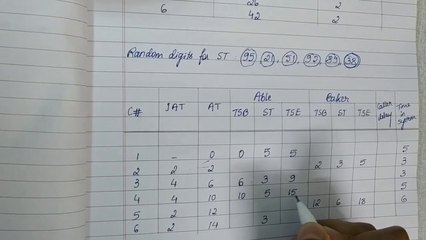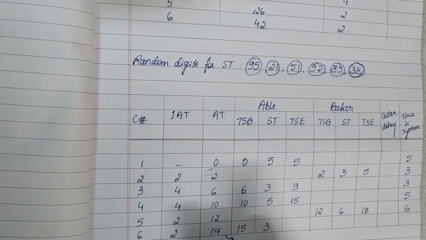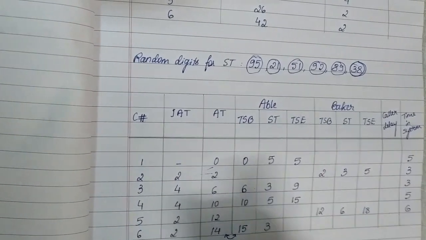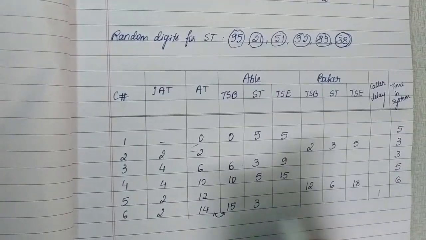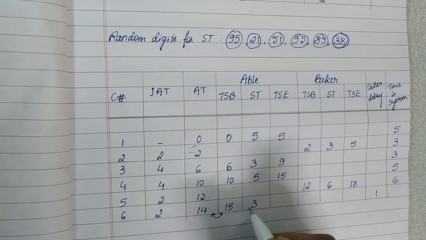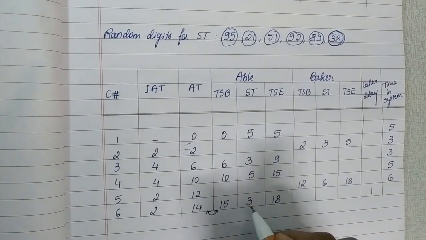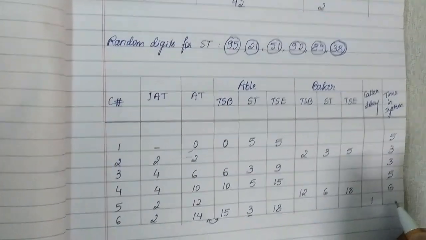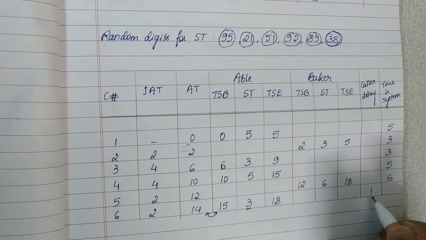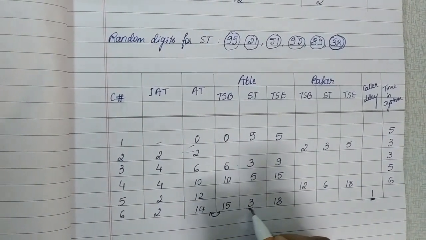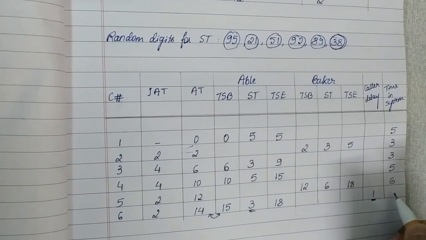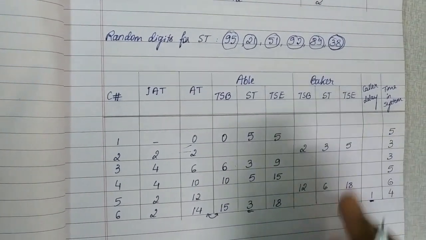So we can see that there is a delay. Caller delay becomes 1. Coming back to the service time, service ends at 18: 15 plus 3, 18. Now, time spent in the system includes the waiting time and the service time. So it becomes 3 plus 1, 4. This is the final table.